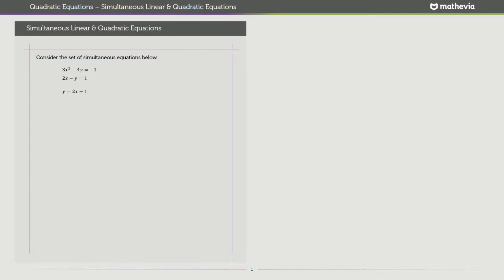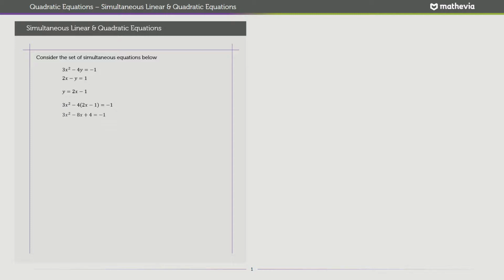That's the first thing you need to do. Now you have that y equals 2x minus 1. The next thing is to substitute this into your other equation, the quadratic equation, and basically you have 3x squared minus 4(2x minus 1), because y equals 2x minus 1, equals minus 1.